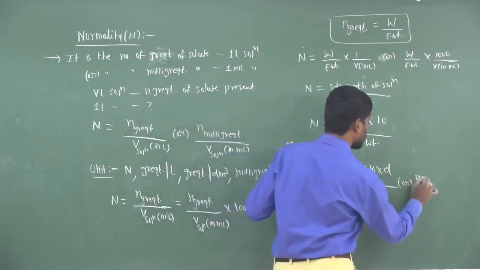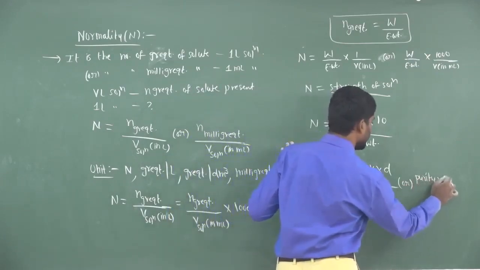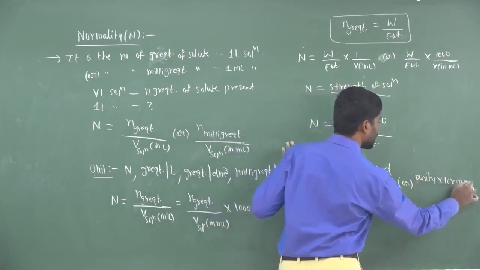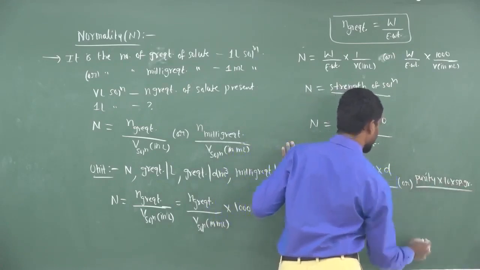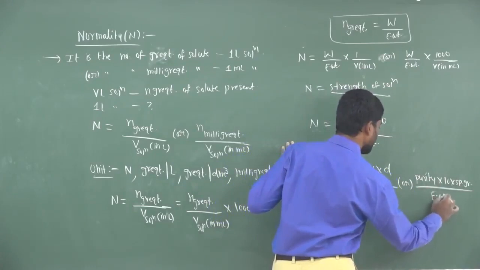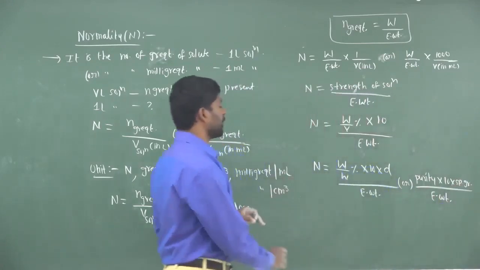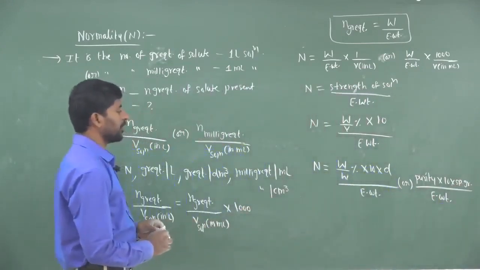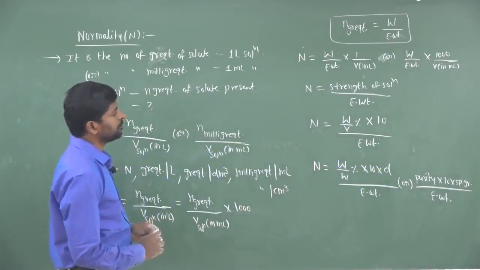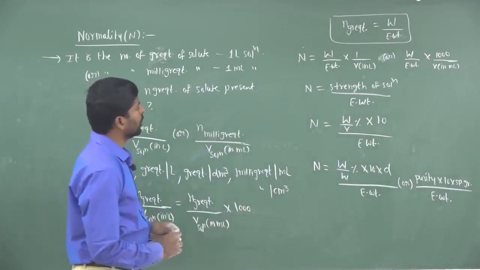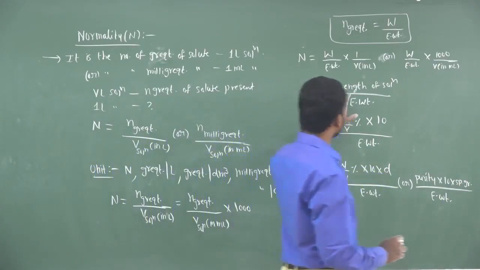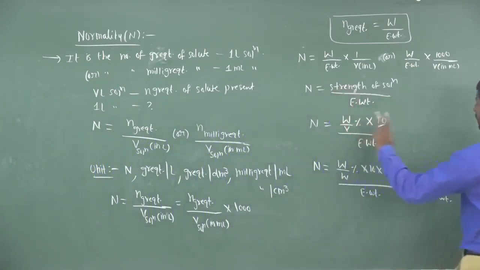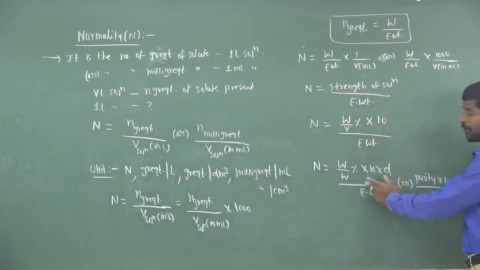Or we can write it like this also: purity into 10 into specific gravity by equivalent weight. So with respect to strength of the solution, weight by volume percentage, and weight by weight percentage, these are the expressions for normality.